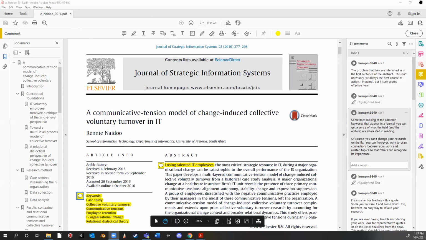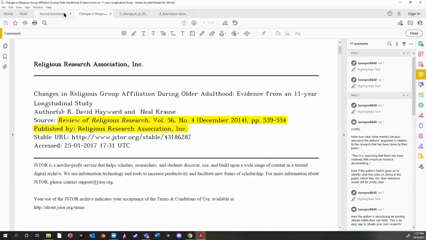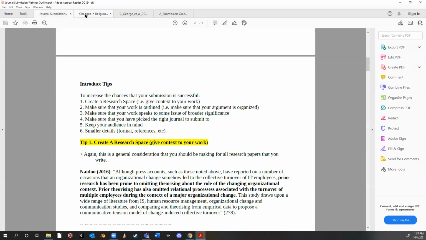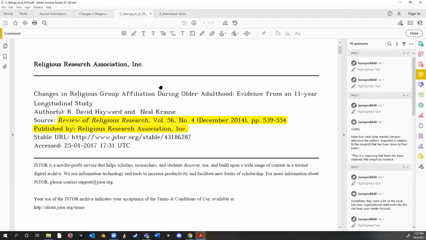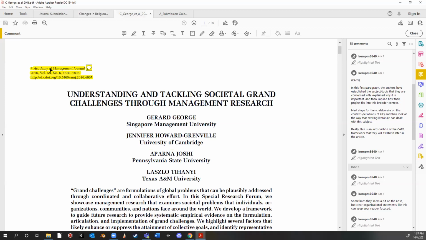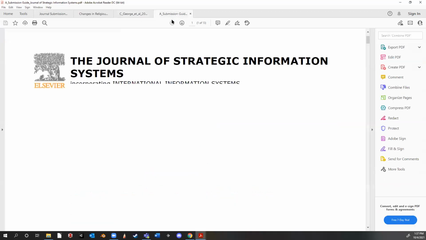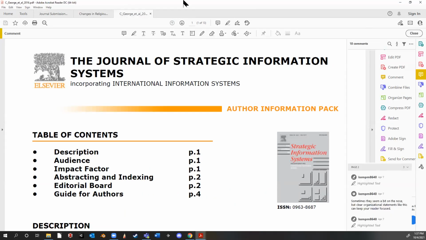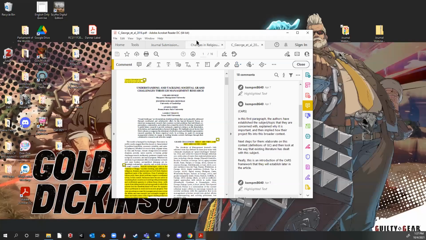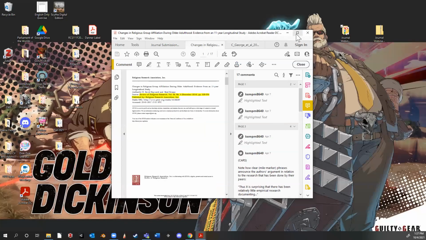So if you wouldn't mind, please open up first. Well, actually, if you could, open up all 3 of those articles. So the 2016 article, the George 2016 article, and then the other one, pardon me, the Hayward article.